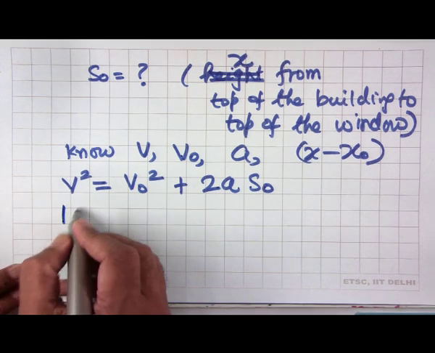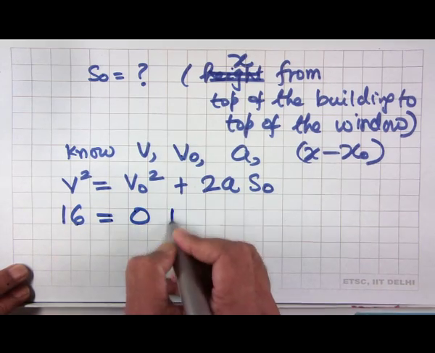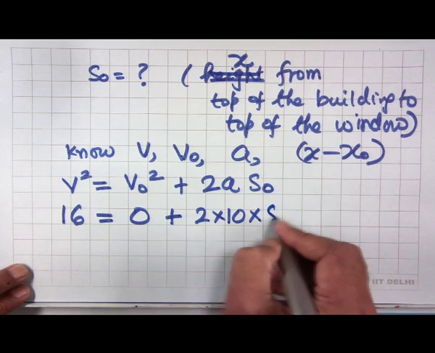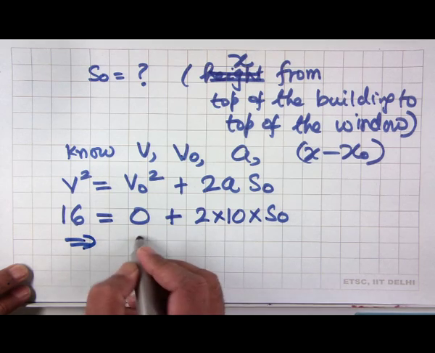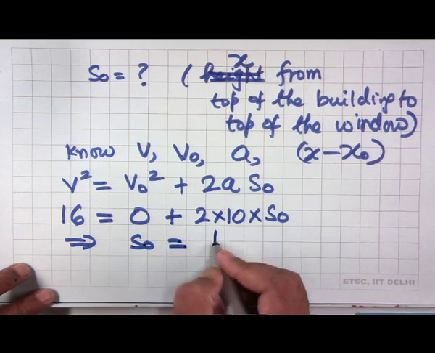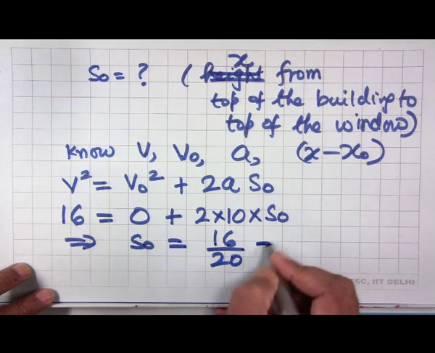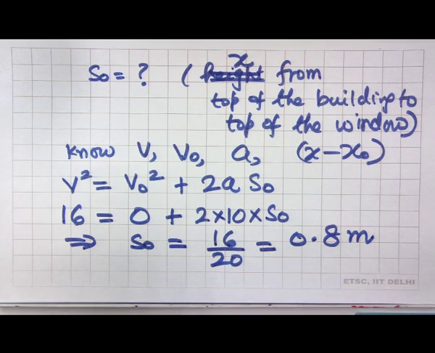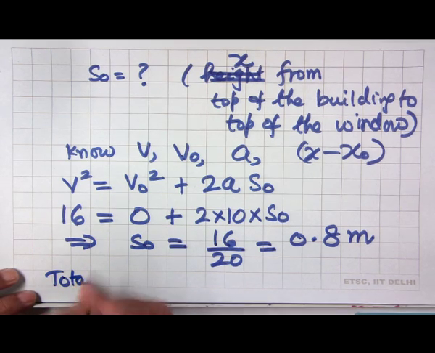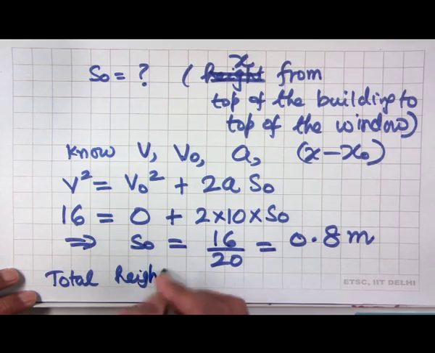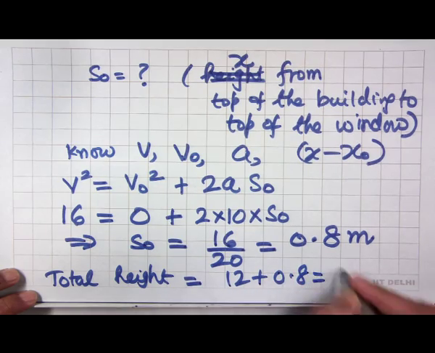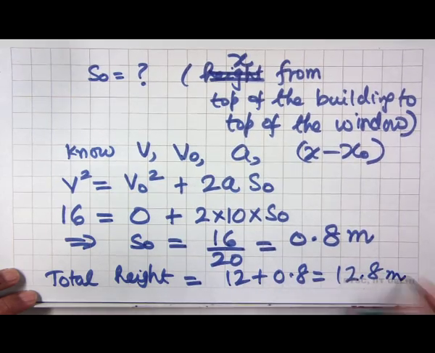So, V square is 16, this will be equal to 0 plus 2 times 10 times S0. So, from here what we get is S0 is equal to 16 divided by 20, this was equal to 0.8 meters. So, therefore, we get the total height is equal to 12 plus 0.8 is equal to 12.8 meters.